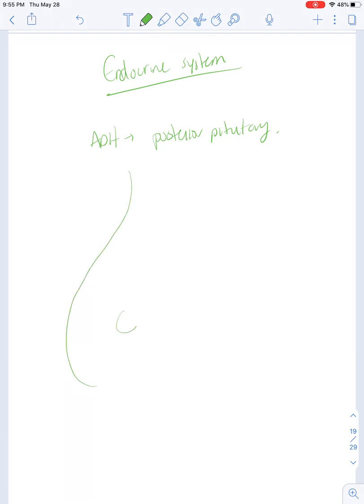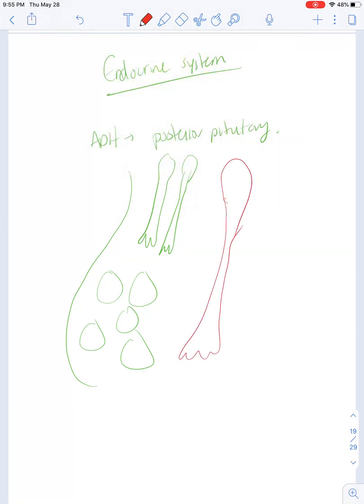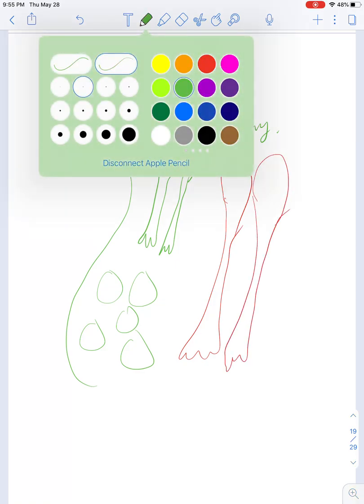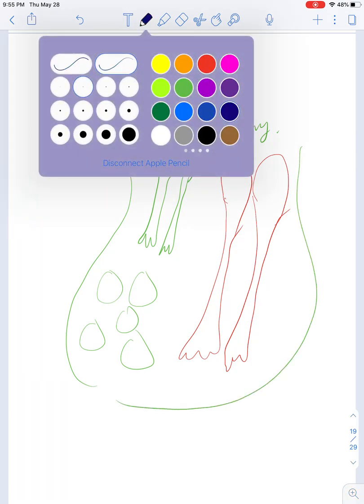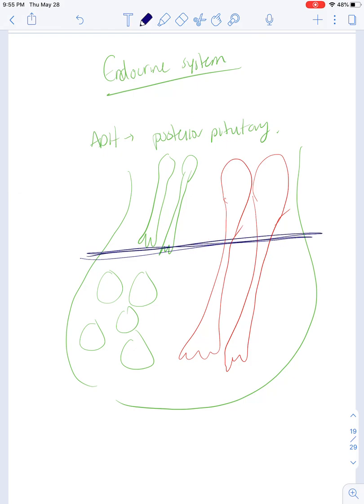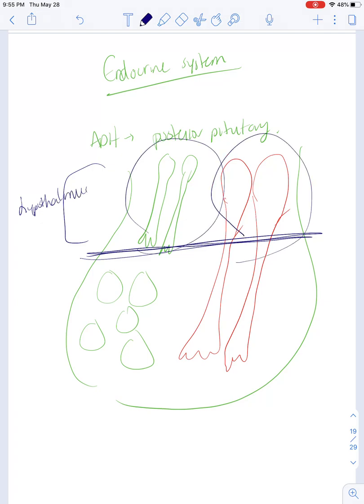The anterior pituitary has the endocrine cells and neurons that extend into the anterior pituitary, and then I have the posterior pituitary, which contains this. If you take a look here, there's this dividing line, where this part is the hypothalamus, which contains all the nerves. So you can see there's nerves here, and this part here is the pituitary.